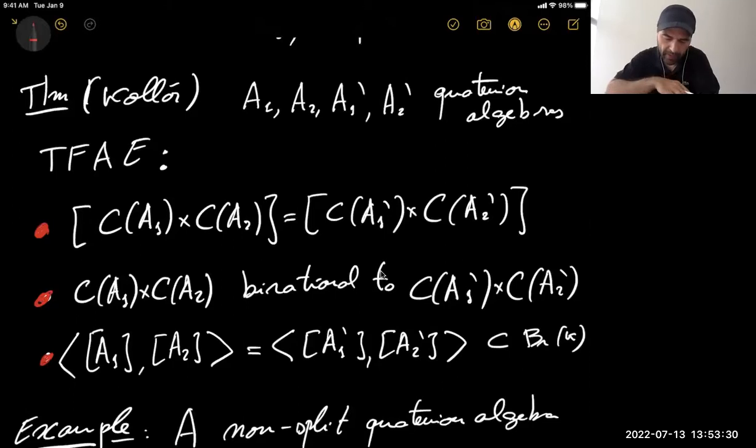The notion of equality in K0, he was able to describe, for this particular case, as exactly the notion of birationality. They have the same Grothendieck class if and only if they are birational to each other. Or, algebraically, if and only if the Brauer classes generate the same subgroup.